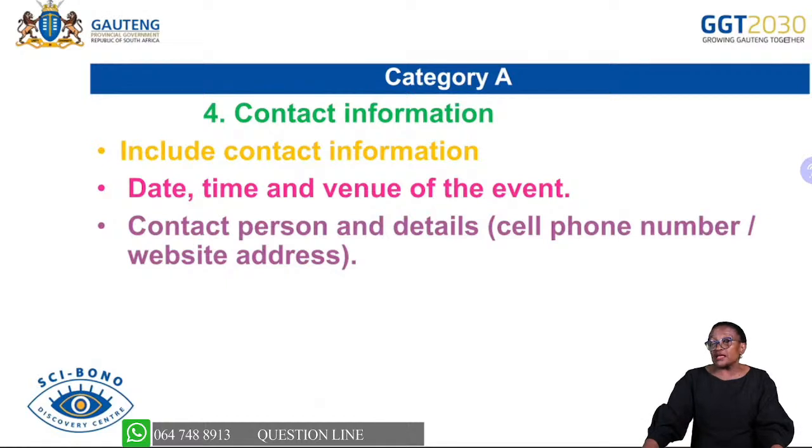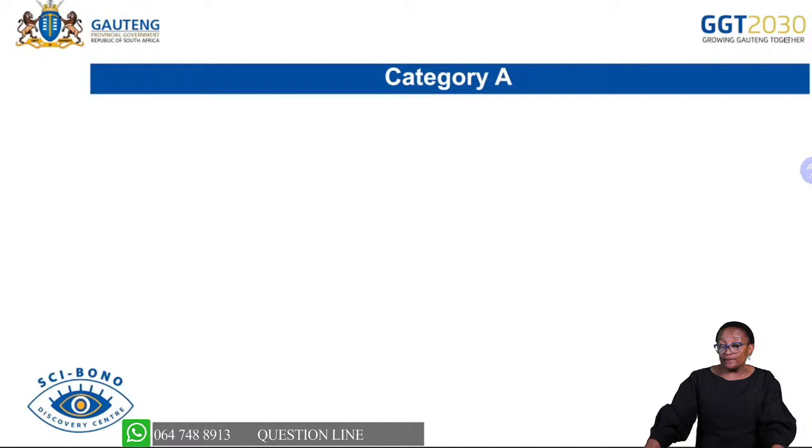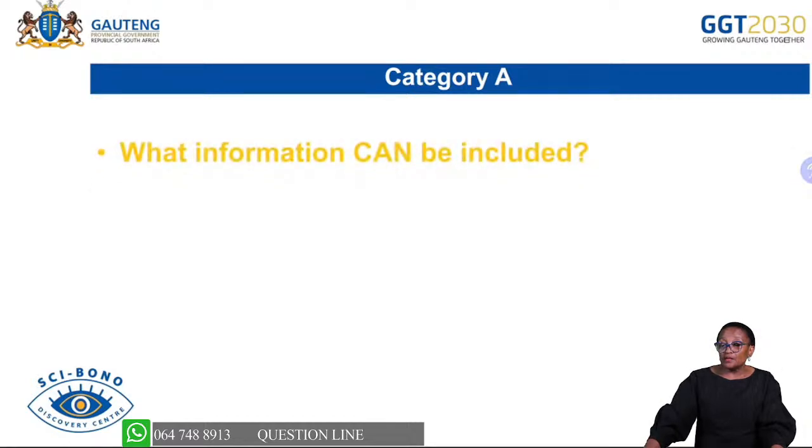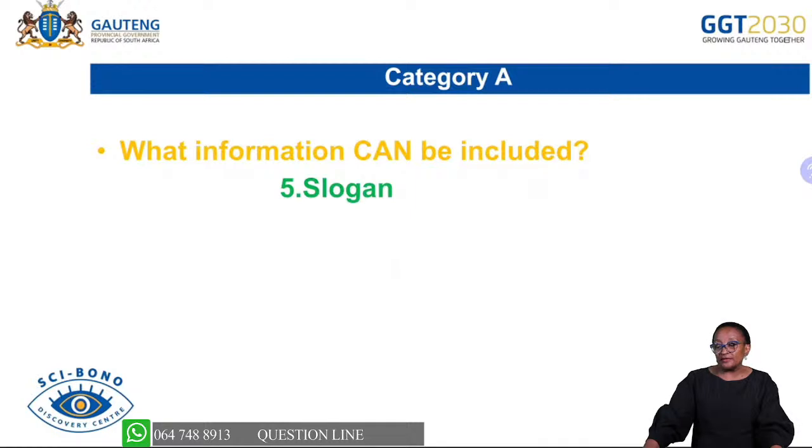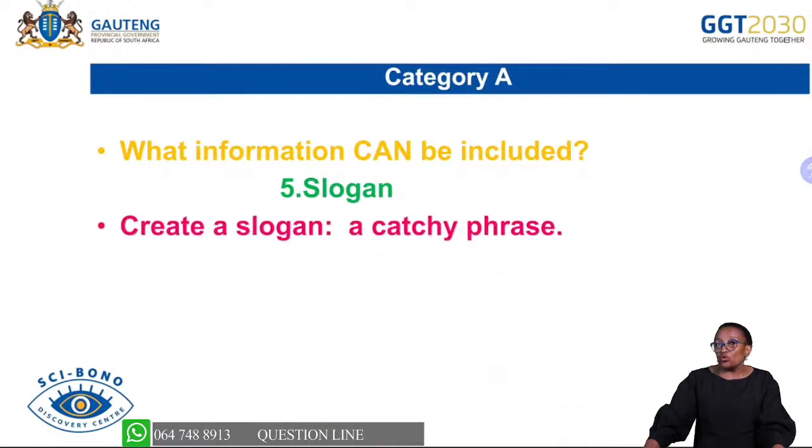That could be a cell phone number or a website address. What other information can we include here? We can also include a slogan. So you will create a slogan which has a catchy phrase.